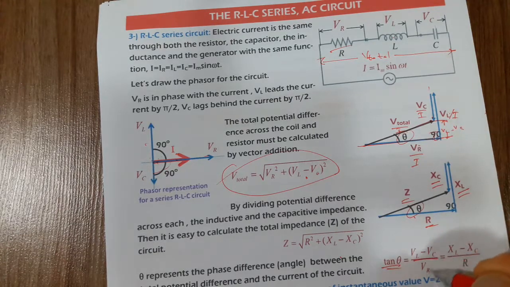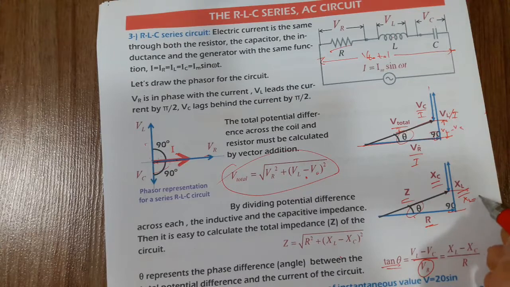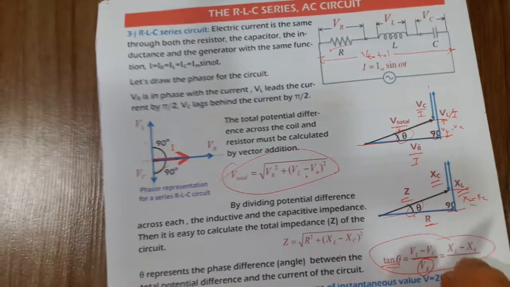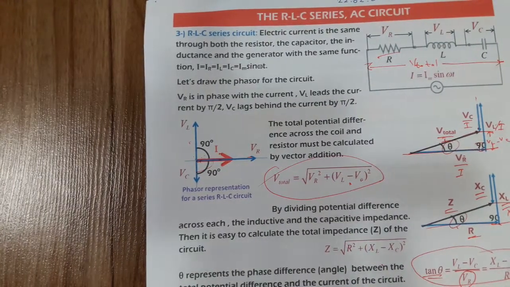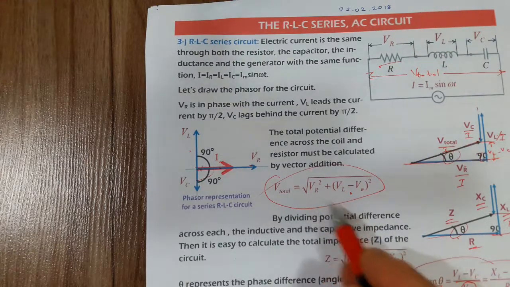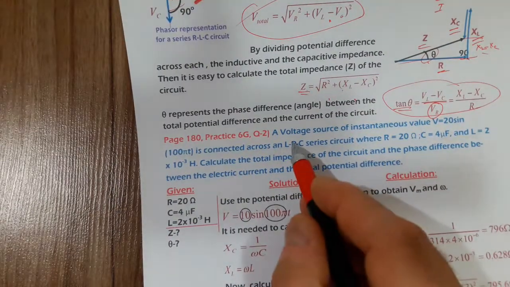Tangent theta is equal to the opposite side, VL minus VC, divided by VR, or XL minus XC divided by R. Both of them are used for calculating the phase angle difference. Now Z is also very similar to the calculation of V total. Z is equal to the square root of R squared plus XL minus XC squared, which is the total impedance of the circuit.